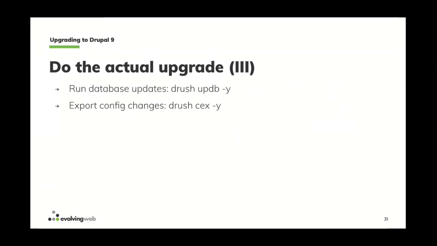So next step, as with any other Drupal update, you need to run database updates and you need to export config to ensure that when you import config on your, let's say, dev, test, or prod environment, it will match what you currently have now that you updated the database. So that's the process to prepare initially, and then to upgrade to Drupal 9.